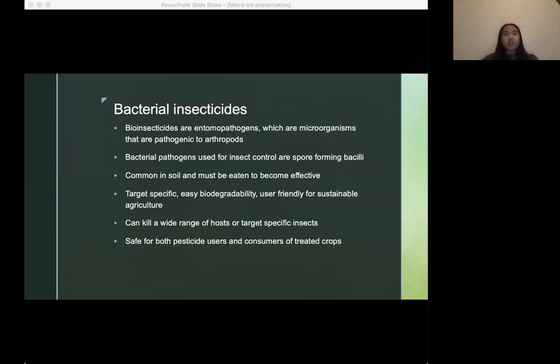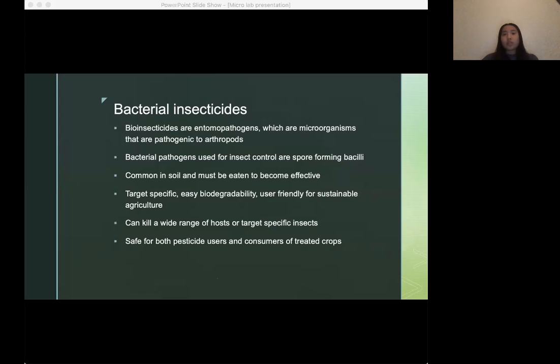Bacterial insecticides, also known as bioinsecticides, are entomopathogens. Entomopathogens are microorganisms that are pathogenic to arthropods. Most of these bacterial pathogens are spore-forming bacilli, and they are commonly found in the soil, which works out perfectly because that's what they're trying to eliminate: the insect pests that are around the plants and soil in agricultural lands.